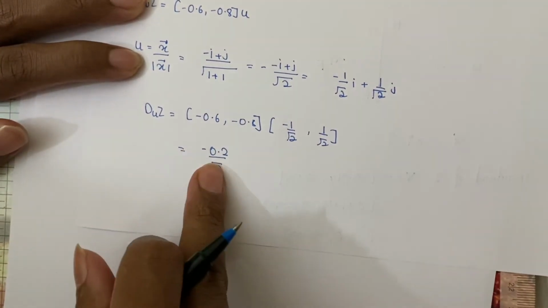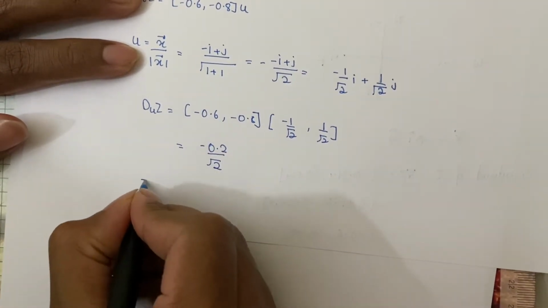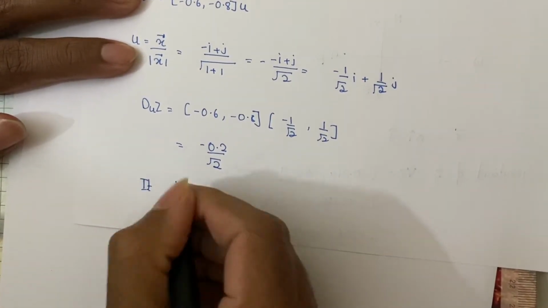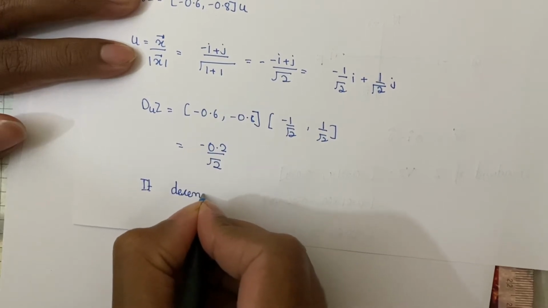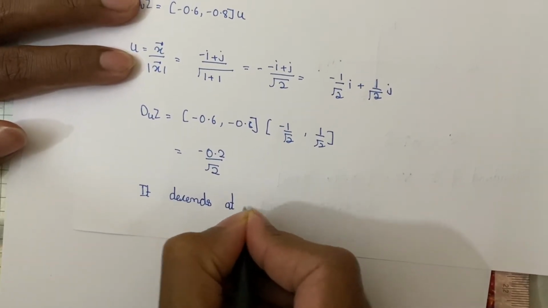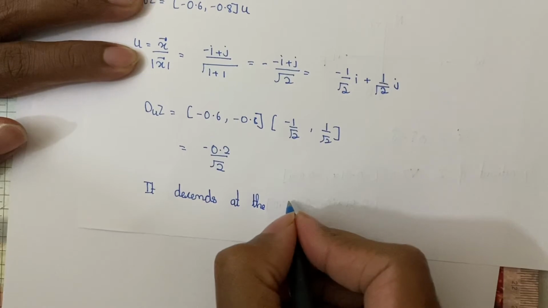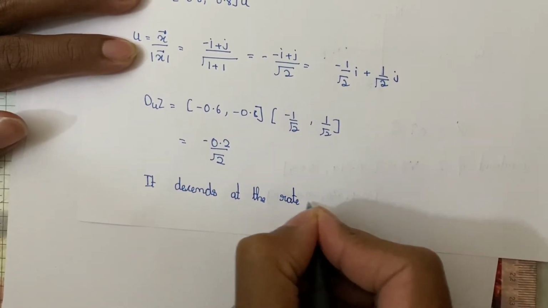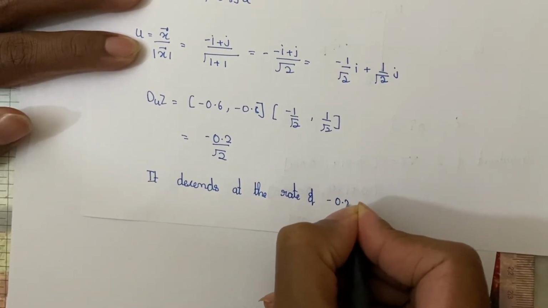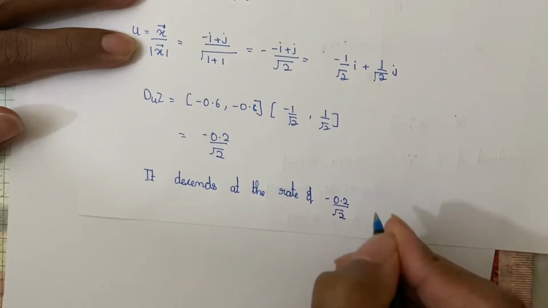Since it is less than 0, it descends at the rate of minus 0.2 by root 2.